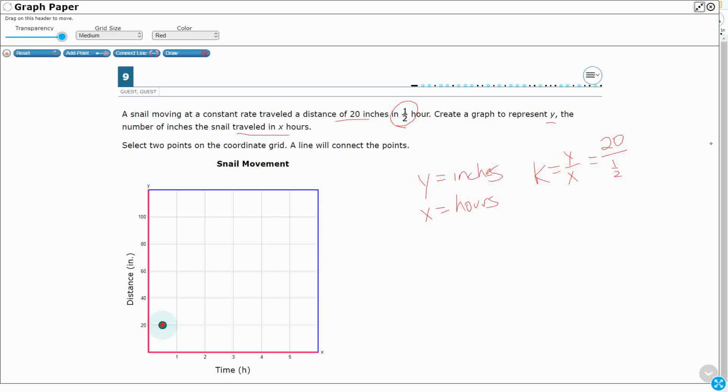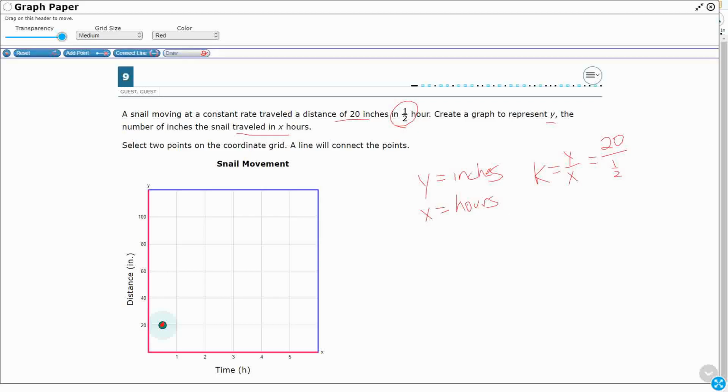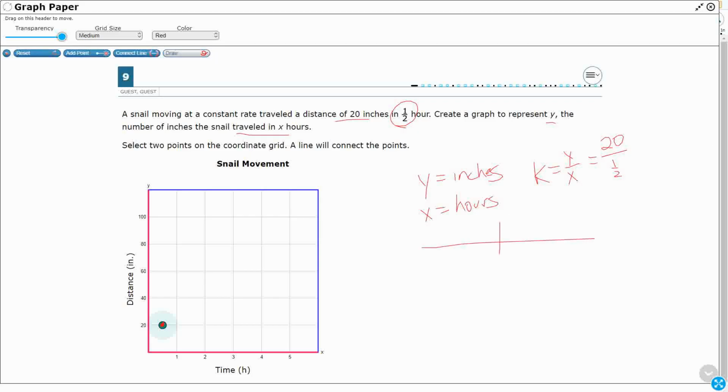Now, what we need to do, let's just make a little table. What we need is a second point. Now, what we can do is we can go through the origin if we want to, right? We could say that for half, it's going to be 20, right? So let's double that. Let's go for double half, that's going to be 1, right? And if I double 20, that's going to be 40, so I can do 1, 40.